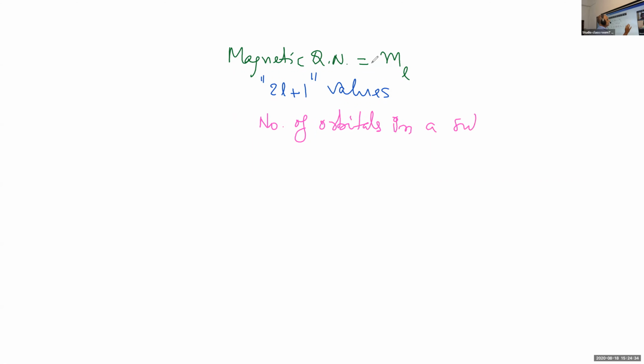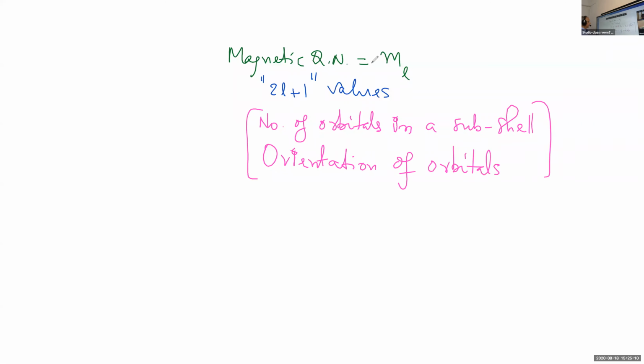In a subshell, how many orbitals are possible? We can decide that from the m values. Then, secondly, the orientation of the orbitals, the direction of the orbitals. These are the two pieces of information we get from the magnetic quantum number values.